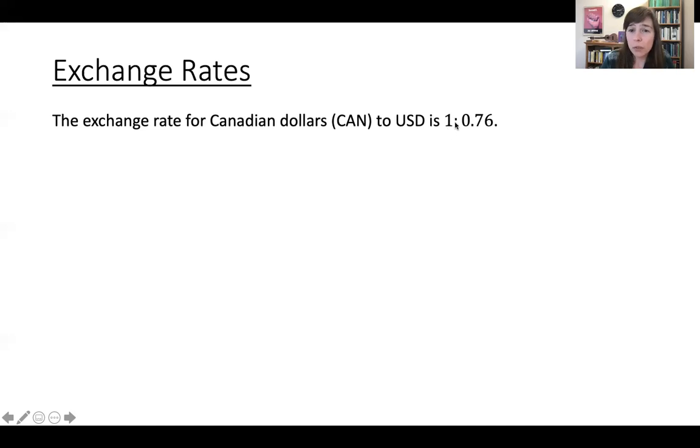You can't trade your one Canadian dollar for a whole American dollar. You have to take less than that. So if you had a whole American dollar, you should be able to get more than one Canadian dollar out of it. So you'd rather have one American dollar than one Canadian dollar, given this exchange rate. And so the American dollar is worth more. That's something good to keep in mind when you're doing exchange rate problems, to understand what that means.